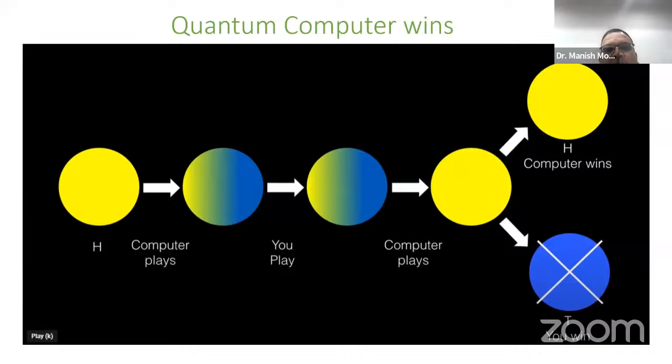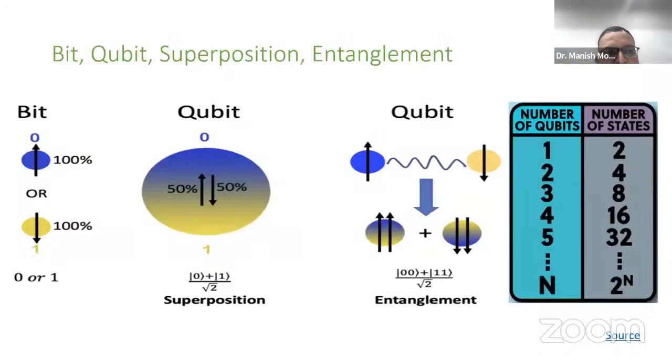This is how we try to represent it through a game. Here I would like to discuss two key features of quantum computing: superposition and entanglement. If we see the bit, we get either 0 or 1, and we are 100% sure it will be either 0 or 1, and that's how we go with the classical computer, right?